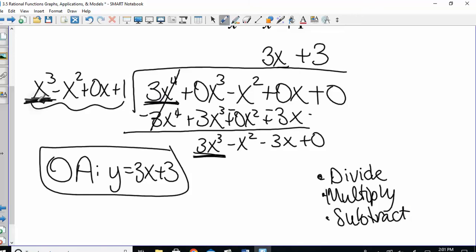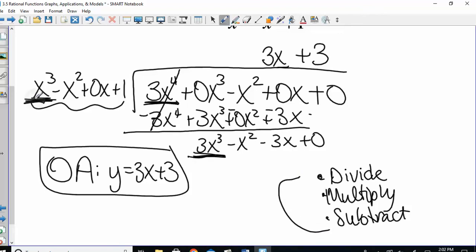And then we repeat that process. So we divided the first things, 3x to the 4th divided by x cubed. We got our first number. Then we multiply. So we take 3x times this whole thing. That's where that expression came from. Then we subtract. So we ran our negative through and combined those.